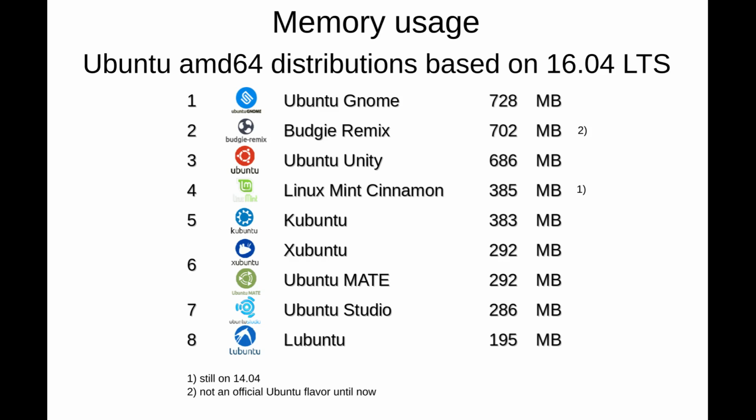Okay, memory is very cheap today. But why use a Gnome desktop when you can use Ubuntu Mate and have much more space for your applications? But this is only my personal opinion.